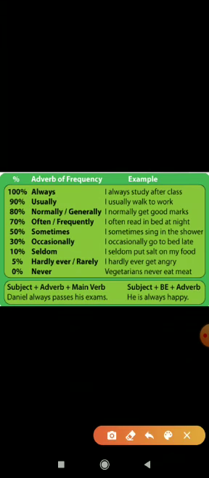Another example is he is always happy. These were adverbs of frequency. Adverbs of frequency tell us how often an action happens.